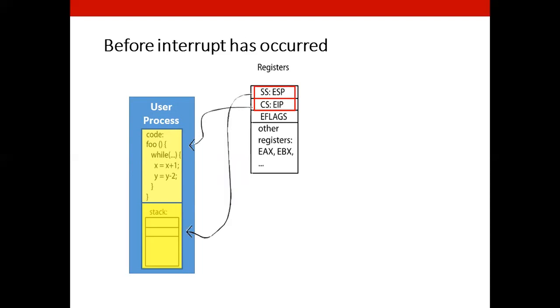And besides that, we also need to save the EFLAGS register and all other registers, because we will need to restore the data that will be required by process A.